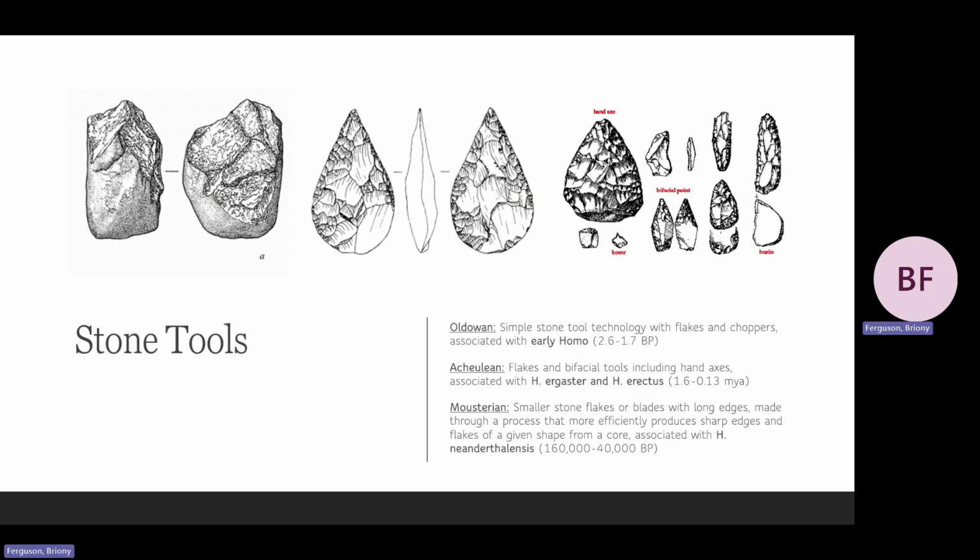This is that first photo there that kind of just looks like a chipped rock. That's because it's a very simple stone tool technology. It has some flakes and some choppers, and it's associated with early Homo, so about 2.6 to 1.7 BP. And these are just like slightly modified rocks.